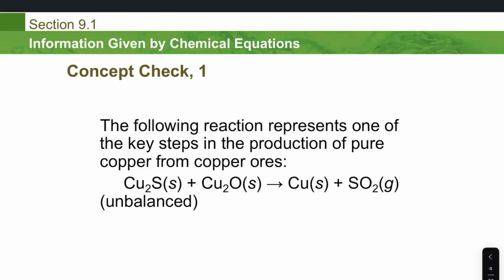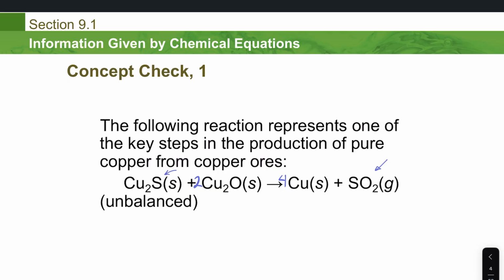We have 2 coppers, so that's a total of 4 coppers, so we're probably going to need a 4 right there. We have 1 sulfur and 1 oxygen, but we need 1 sulfur and 2 oxygens. So instead, what I will do is double the number of copper oxides I have.